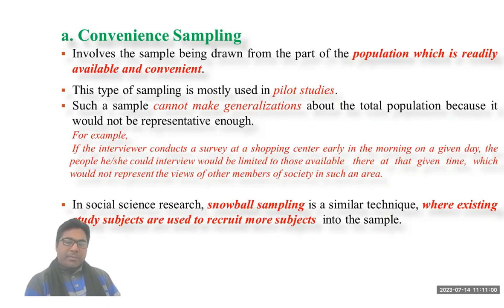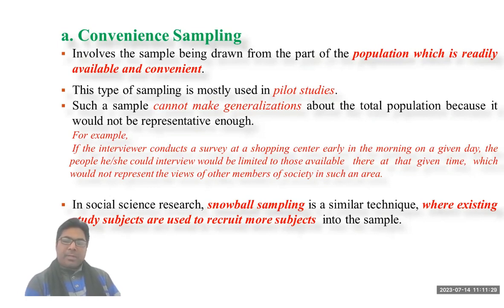Suppose an interviewer conducts a survey at a shopping center early in the morning. So the interviewer is conducting a survey early in the morning on a given day, and he or she interviews the participants who are available at that particular point of time.